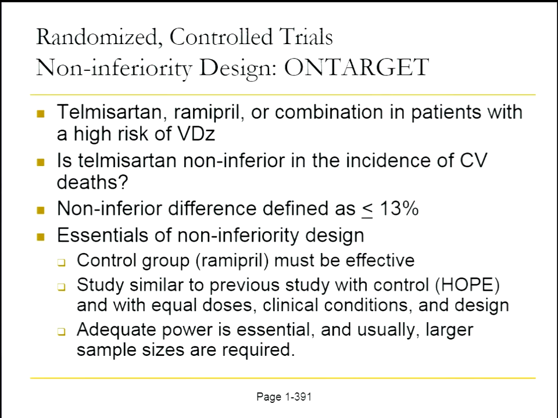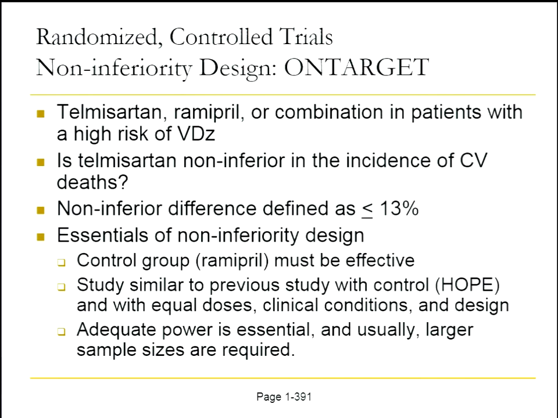So what are the essentials, the important pieces of these types of design? The first is that the control group, in this case ramipril, must be effective in terms of the question that's being asked. Okay?